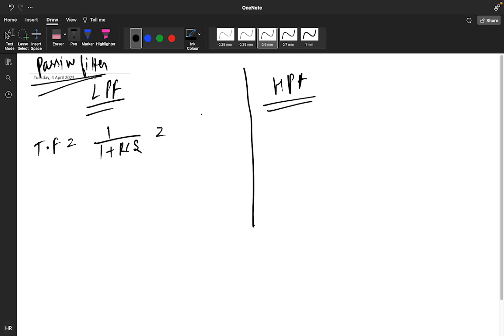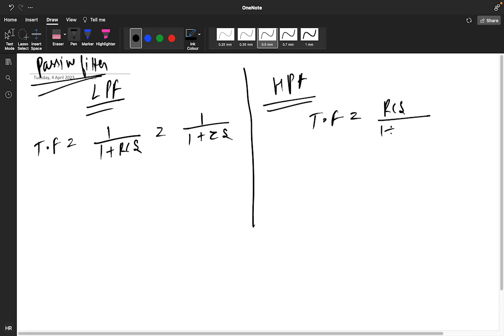This RC is known as tau, the time constant, so 1 plus tau s. And in a high pass filter, what we got is RCs divided by 1 plus RCs. Since RC is the time constant, we write tau s divided by 1 plus tau s.